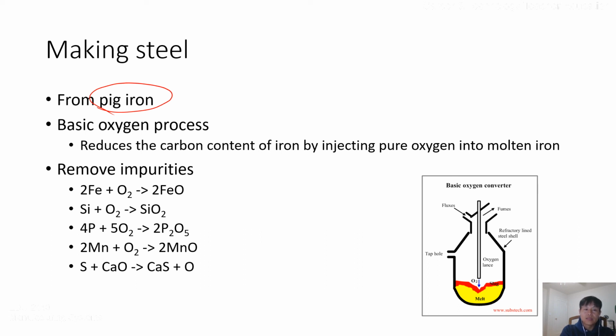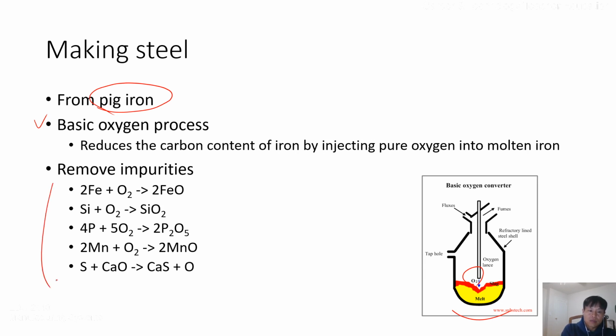The pig iron still has lots of carbon and other impurities, so we use what's called the basic oxygen process, where we blow pure oxygen into this furnace, right? So in the process, we put in a lot of oxygen, blowing it onto the melt or slag, and then that creates a chemical process like this.